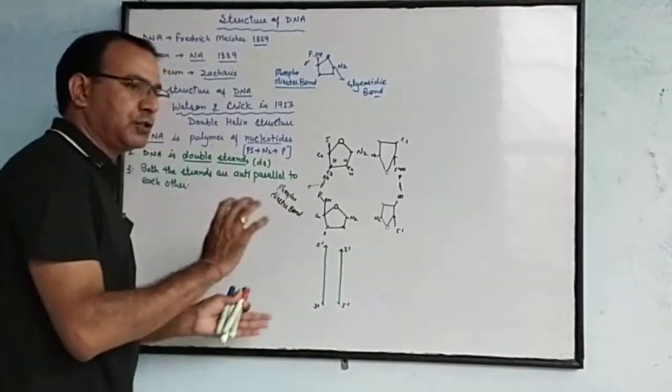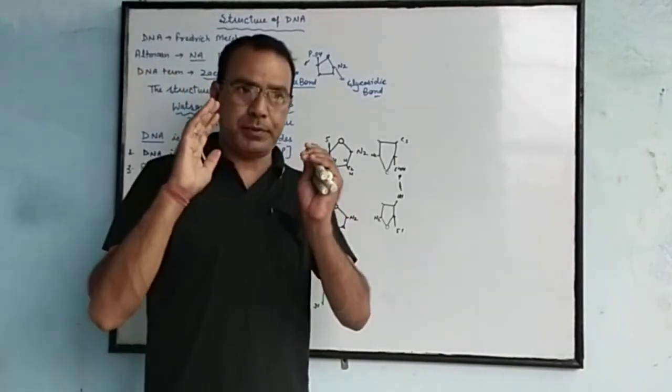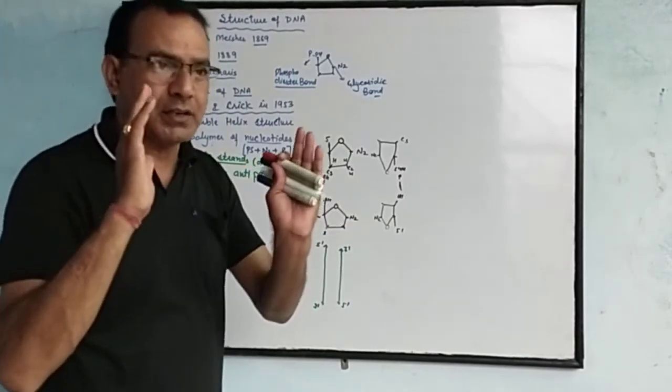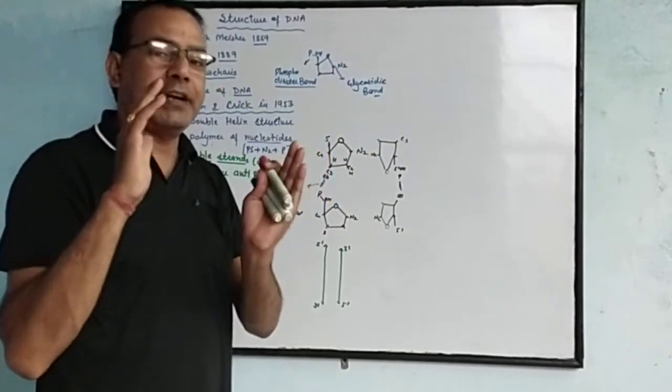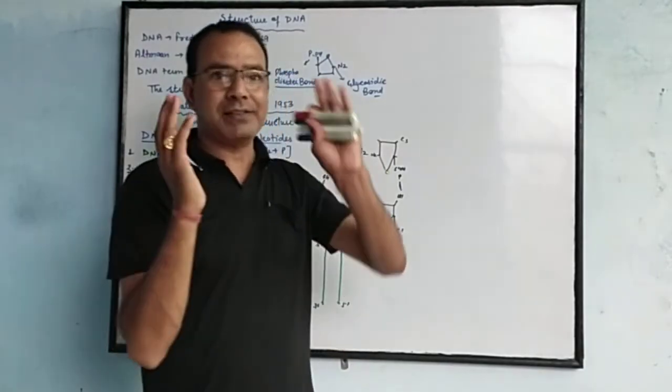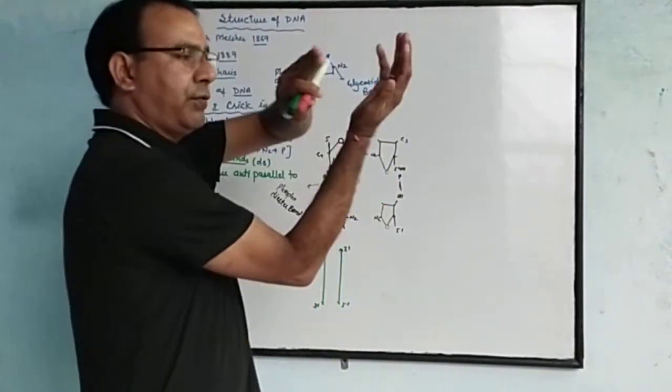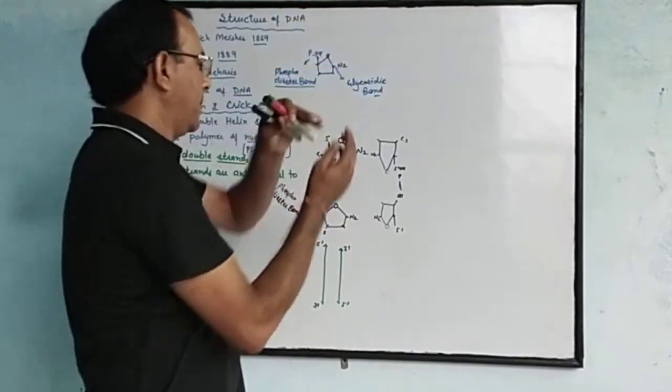Both the strands are twisted, wrapped around each other, just in a clockwise manner, meaning right-handed. We can take the example of a spiral stair. Spiral stair means the stair which starts from here and at the first floor it goes up.